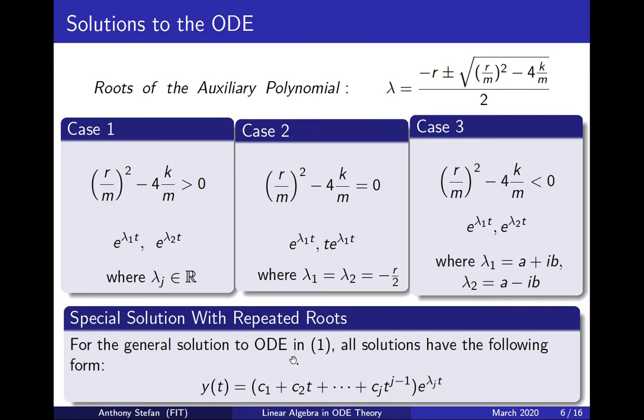So the special solution, when we have repeated roots, for the general solution to the ODE in 1, if you recall that ODE that we were looking at, all solutions have the following form. y of t, the solution, is equal to c1 plus c2 t all the way to cj t^(j minus 1) times e^(lambda t).